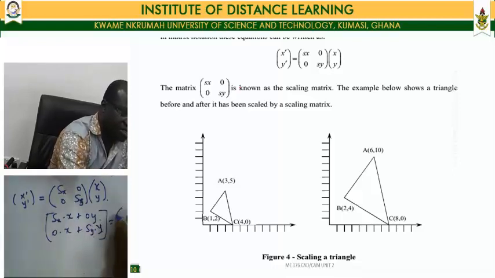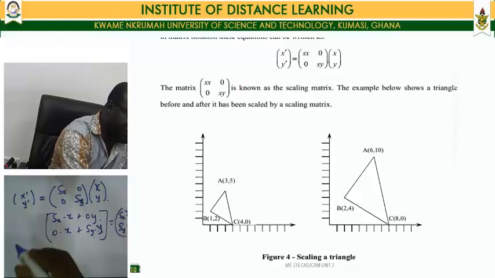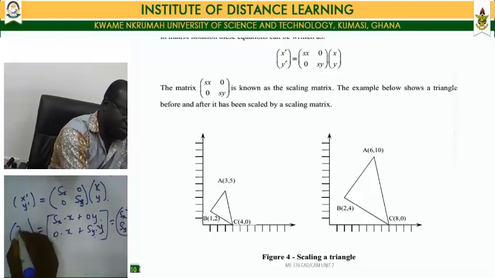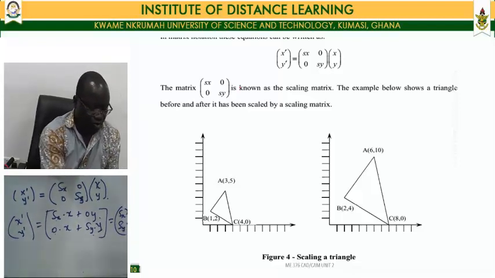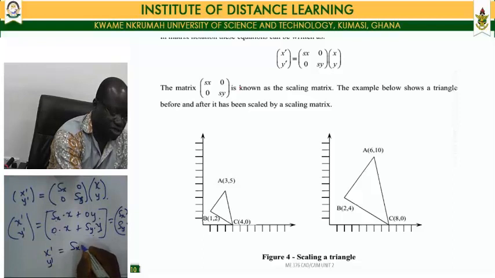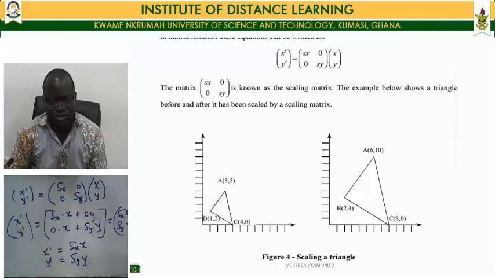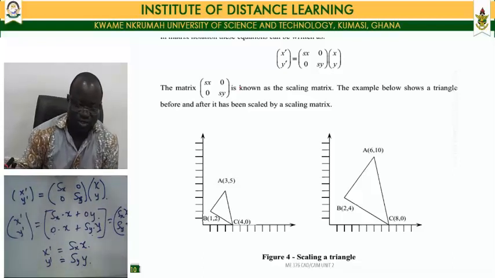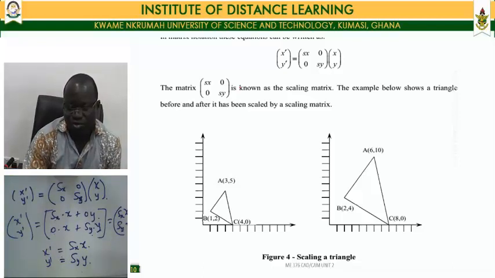So you notice the answer is just s_x times x, and 0 times x is also 0, and so you have s_y times y, which is simply the new coordinate value x prime, y prime. It's basically what we wrote before. So that is the transformation matrix that we generate, a 2 by 2 matrix, which becomes what we call the scaling matrix.